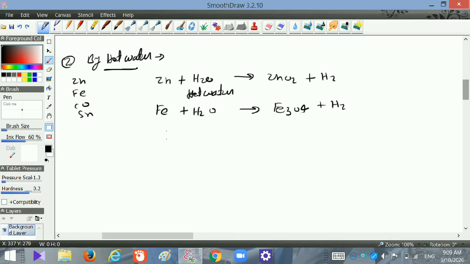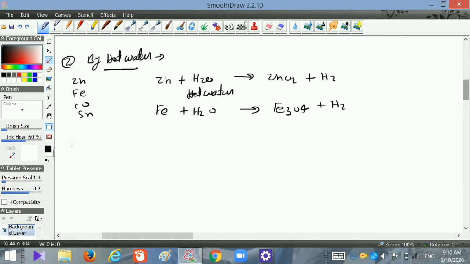Okay, so these are two methods to form hydrogen gas. One is by using cold water and another is by using hot water. There is a difference in metals, which metal reacts with cold water and which metal reacts with hot water.